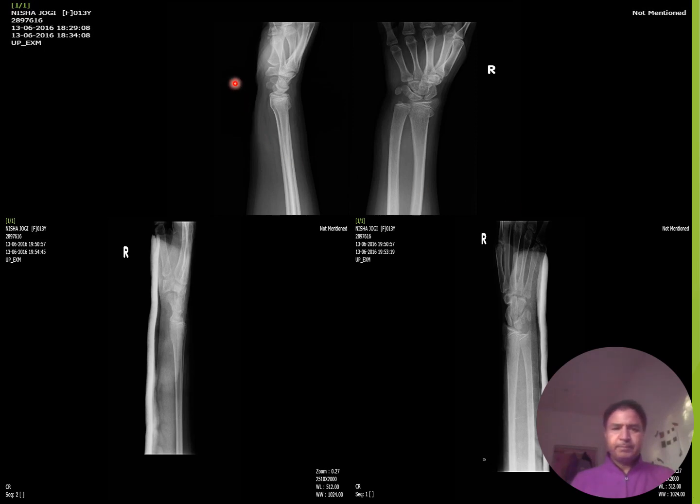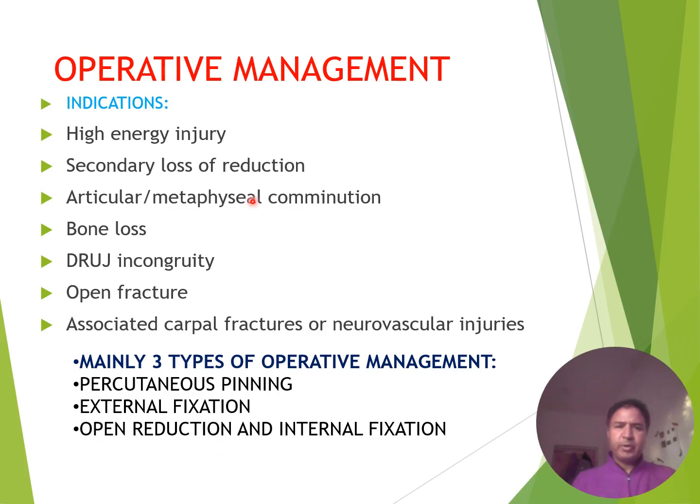Here we have different radiographs, these are the normal. Then we can see the slab we have put, and we have done repeated x-rays, lateral view, and we can see that the bone is healing, the fracture line has disappeared.